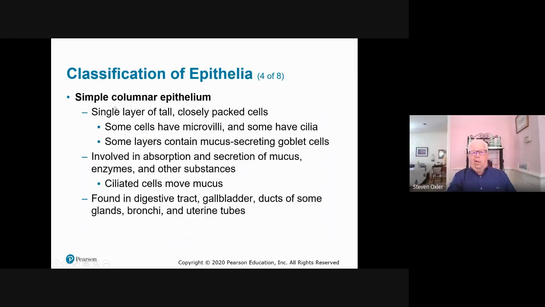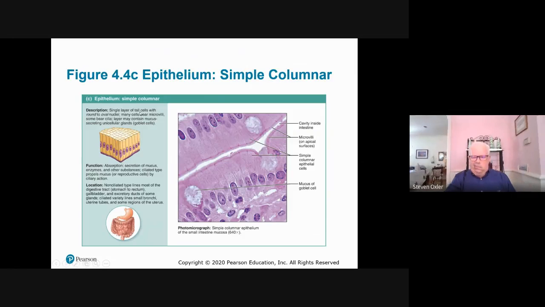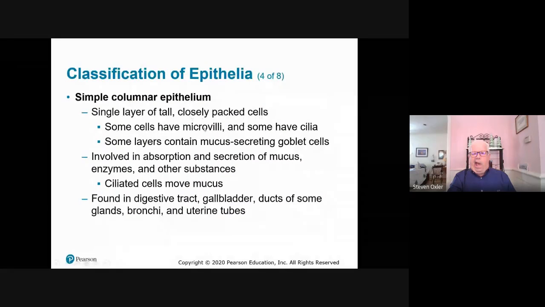Simple columnar, a single layer of tall, closely packed cells. These cells are involved in absorption and secretion of mucus and other substances like enzymes.